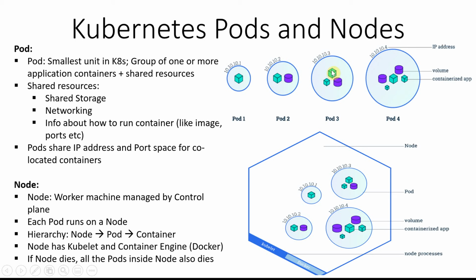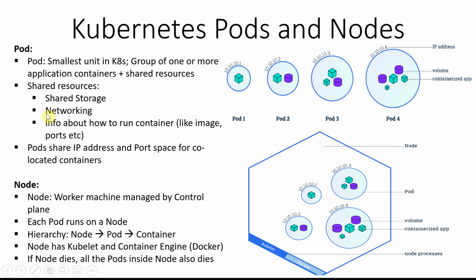They also share information about how to run a container, like image and other things. So basically, a pod is the simplest unit. It could be one or more containers grouped together, and they share something in common like storage, networking, and information about how to run containers.